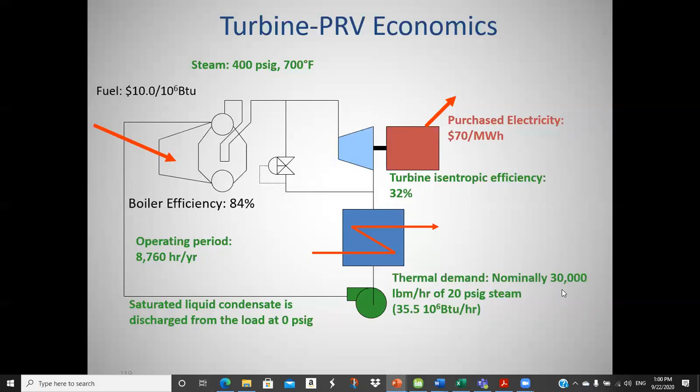Thermal demand is nominally 30,000 pounds per hour of 20 PSIG saturated steam, and so that thermal demand is 35.5 million BTUs an hour. Saturated liquid condensate is discharged from the load at 0 PSIG. So that's kind of our parameters.